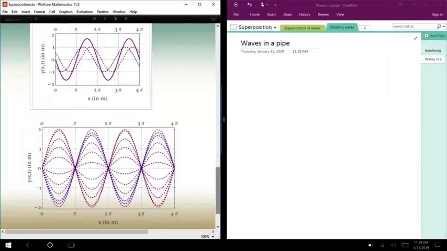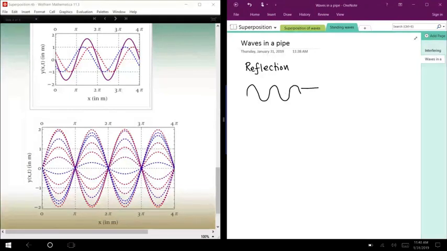So now that we have an idea of how standing waves may form by interference between two waves that are moving in opposite directions, let's think about how the two waves can be moving in opposite directions. One way that can happen is via reflection, right? So let's say you have an original wave that's moving to the right.